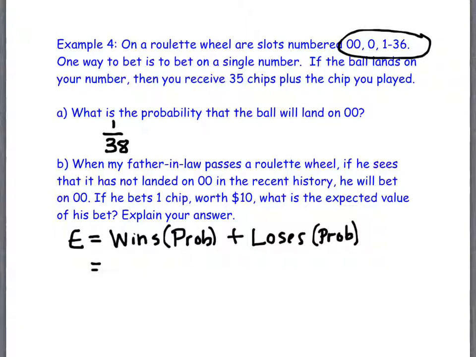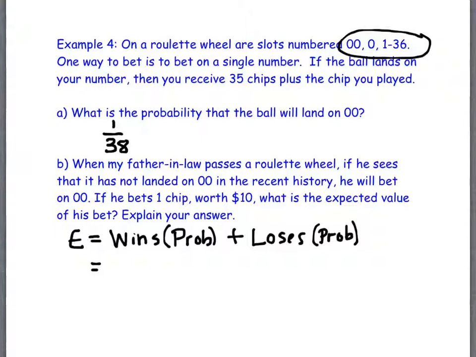Let's fill in what happens. When he wins, how much does he win? He wins 35 chips. Does he win 36 chips? No, because the one chip was his to start with. He really wins 35 chips. And how much money is that in this scenario? $350, because each chip's worth $10.